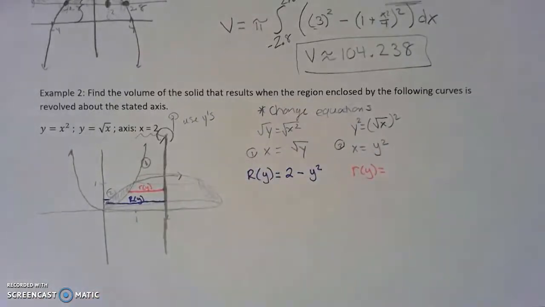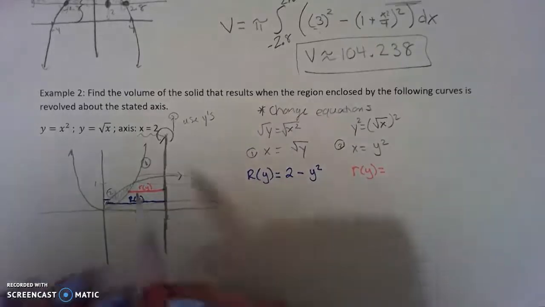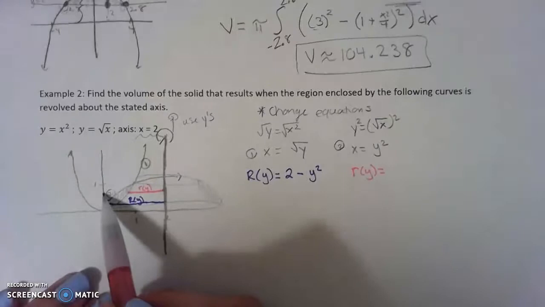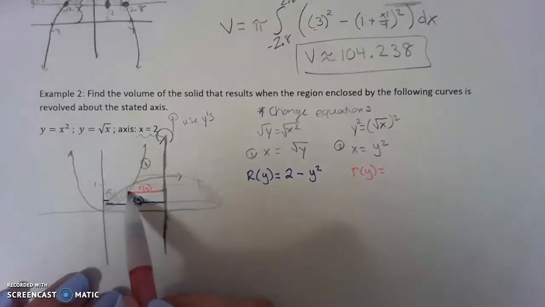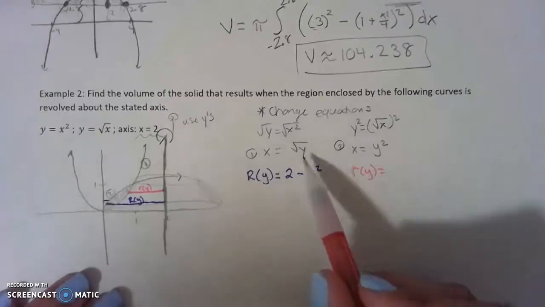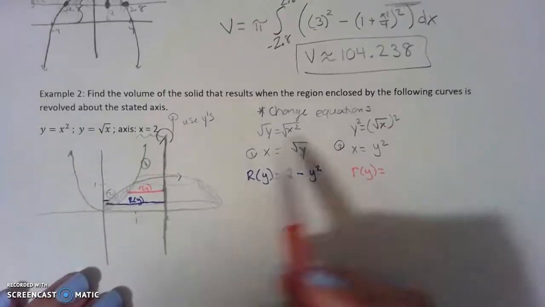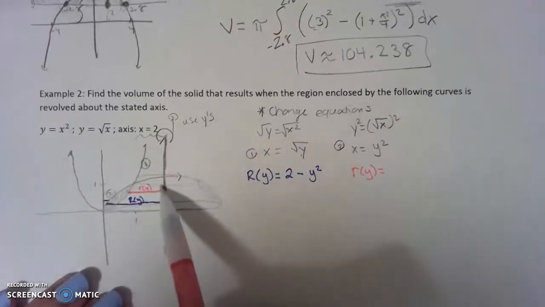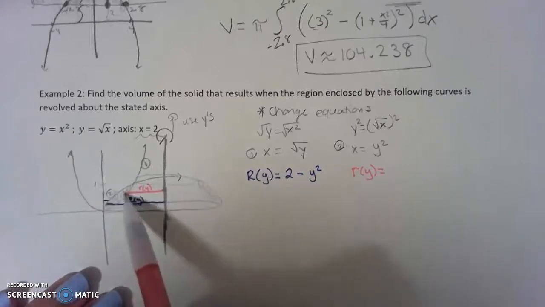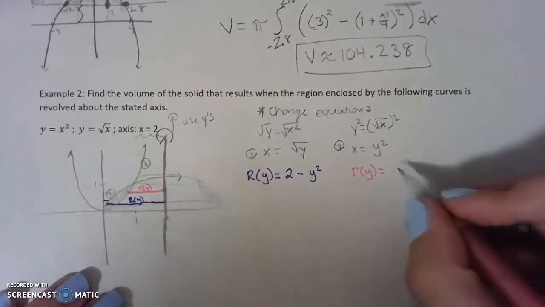Well, I don't know that piece yet, but we do know that from our y-axis to this function, it is the square root of y, because that function right here was the square root of y. So this distance here is the square root of y. So I can take this whole distance of 2 and subtract my square root of y.